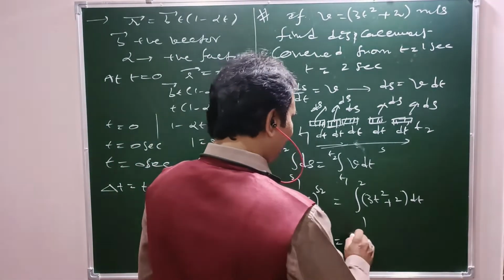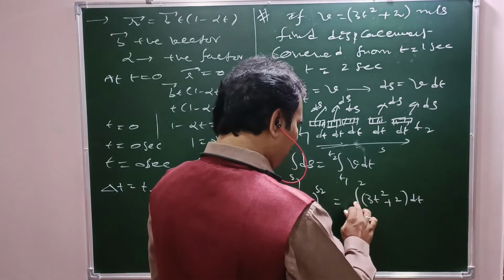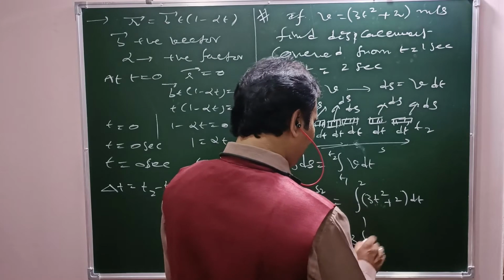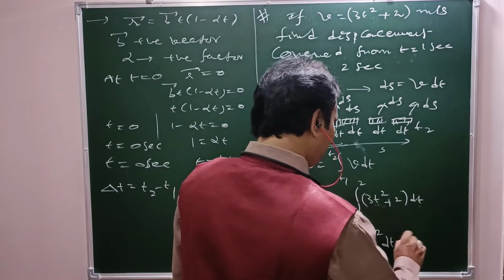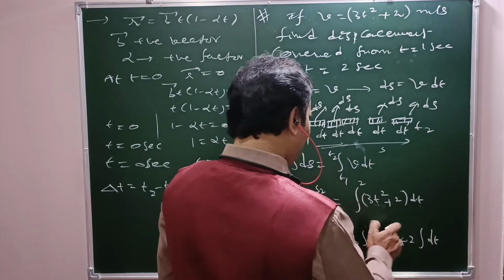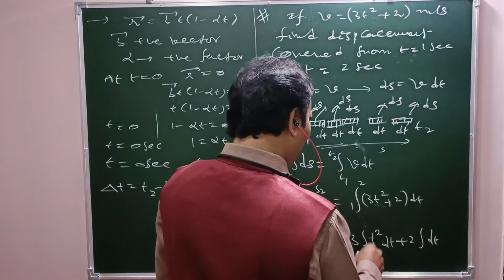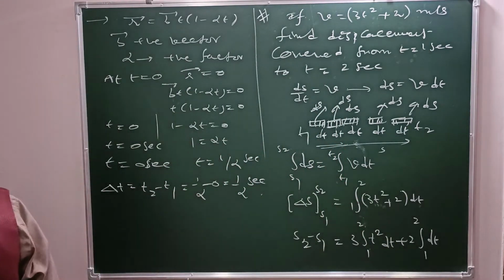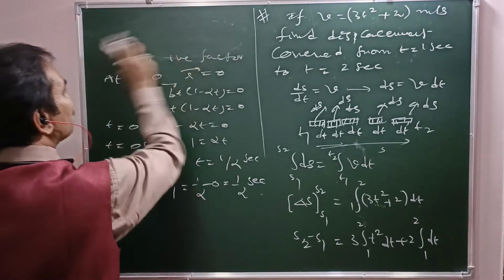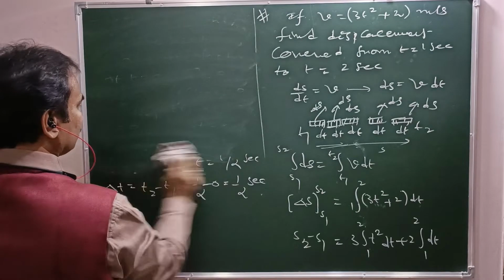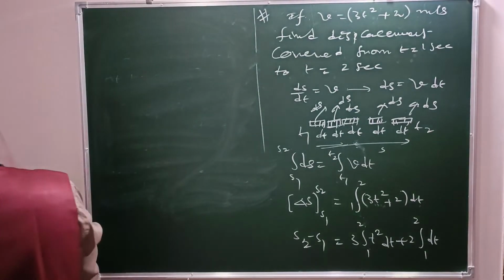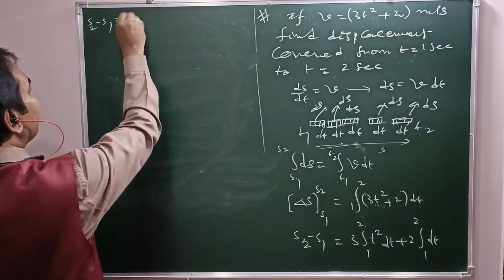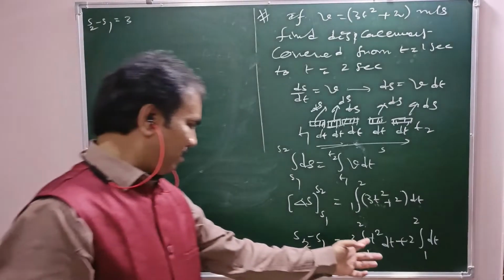That is 3 into integral t square dt plus 2 into integral dt, distributing the integration over all terms. What are the limits here? Lower limit 1, upper limit 2. Here also lower limit 1, upper limit 2. So on extending, S2 minus S1 equal to 3 into integral t square dt.